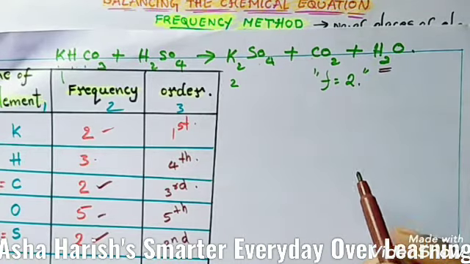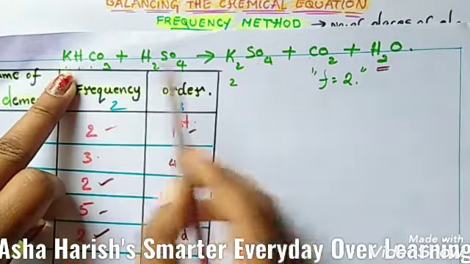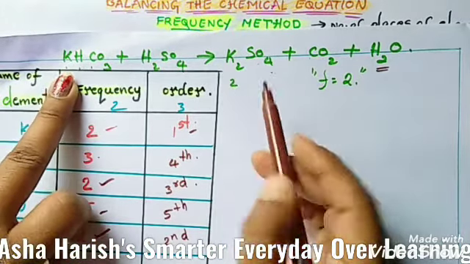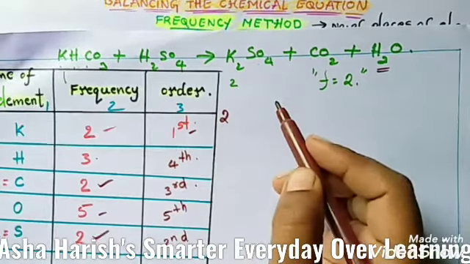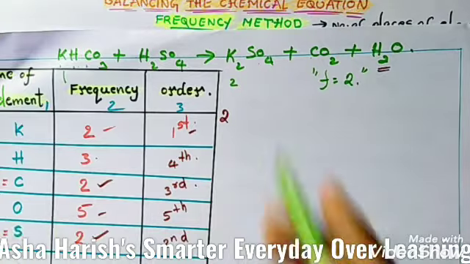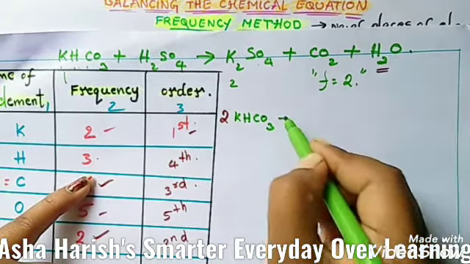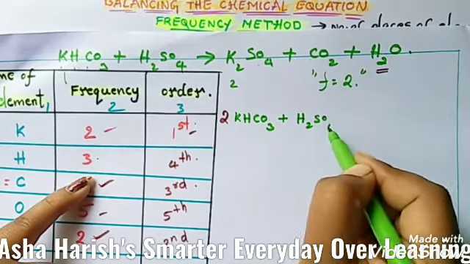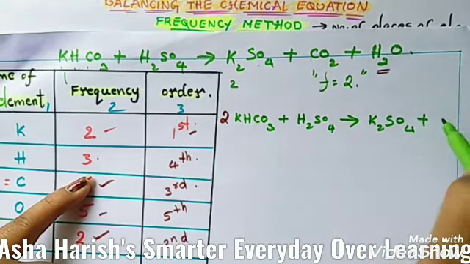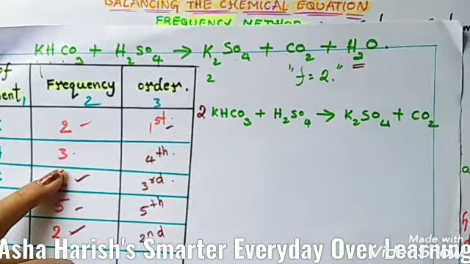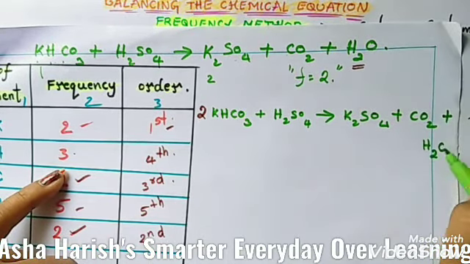Now students, you have to balance potassium first. Coming to potassium, here is 1 and here 2. Now if you place a 2 before this compound, the equation should be 2 KHCO3 plus H2SO4 gives rise to K2SO4 plus CO2 plus H2O.